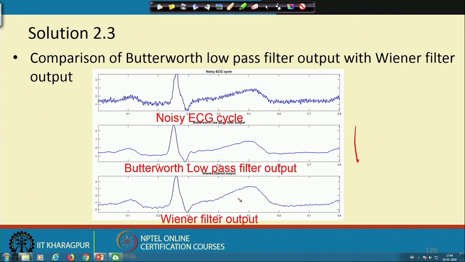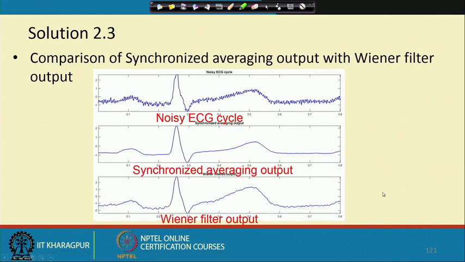Compared to the Butterworth filter, we see that though they are very similar, there are some undulations, which are shown in the P and the T wave. So, though this output has more detail, some part of the noise is left behind in the output of the Wiener filter.